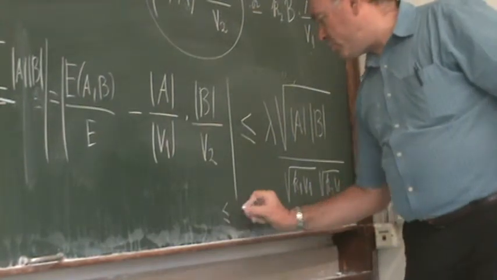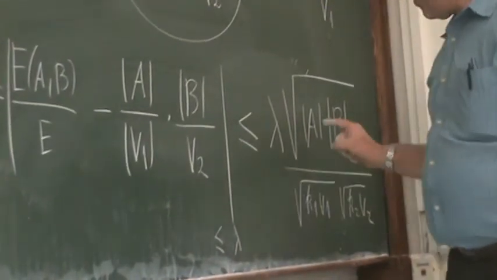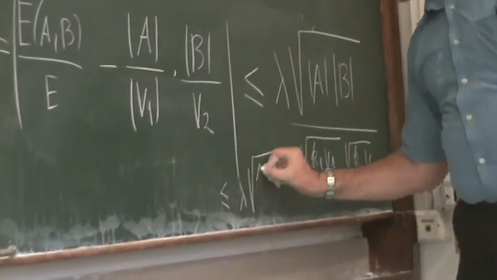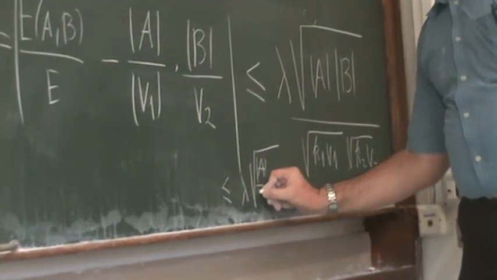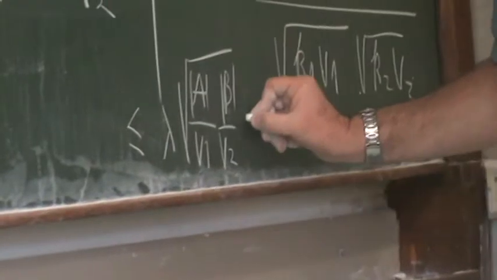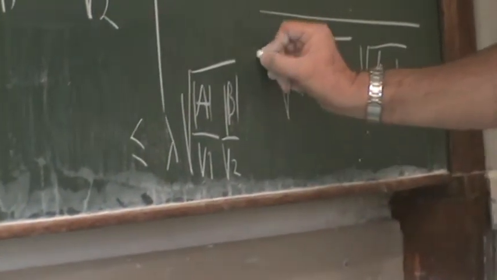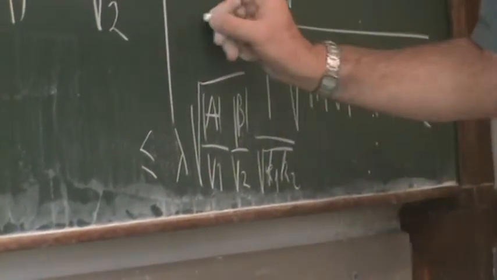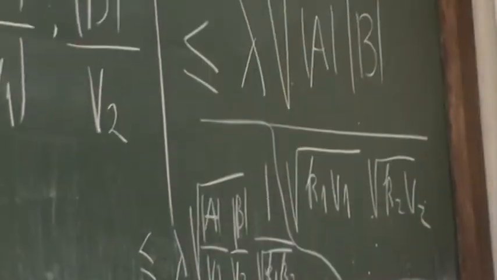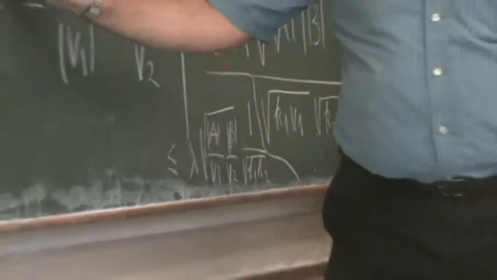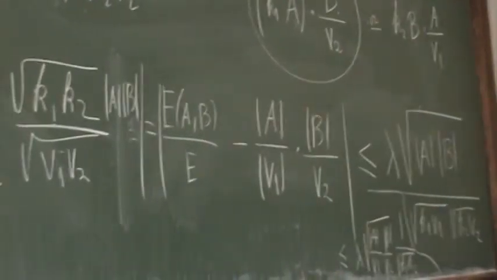So this is at most lambda times the square root of A over V1, B over V2, all divided by the square root of K1 K2. Whatever it is, we'll study this after the break, but we see that this gives us the so-called discrepancy from the randomness.